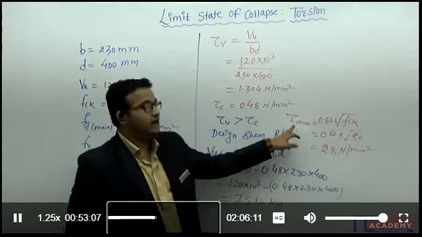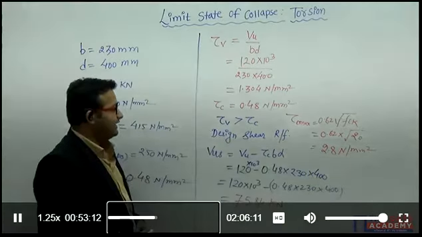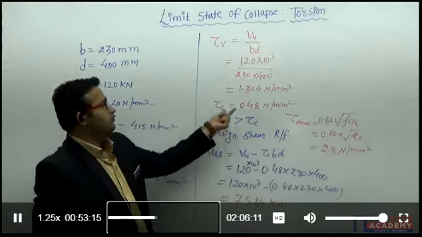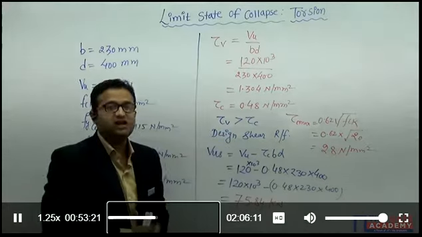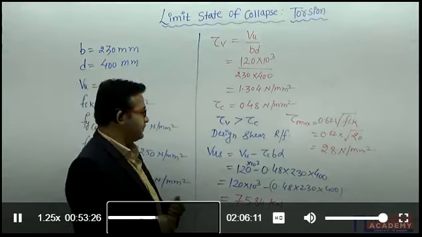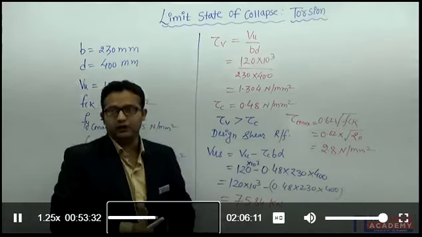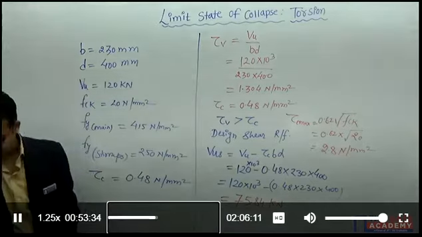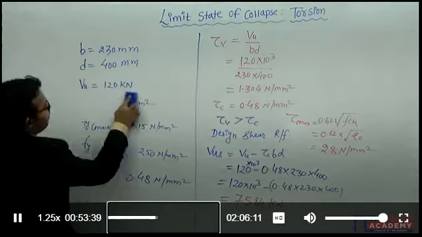So definitely your tau v of 1.304 is less than 2.8, which means there is no need to redesign the section. Here I am getting the design shear force as 75.84 kilonewton. Can I calculate the spacing? Yes, we can calculate the spacing here.